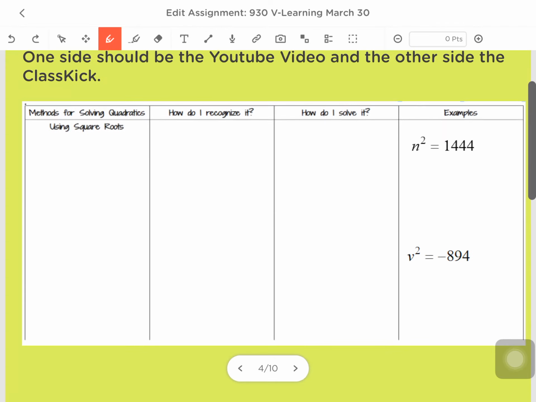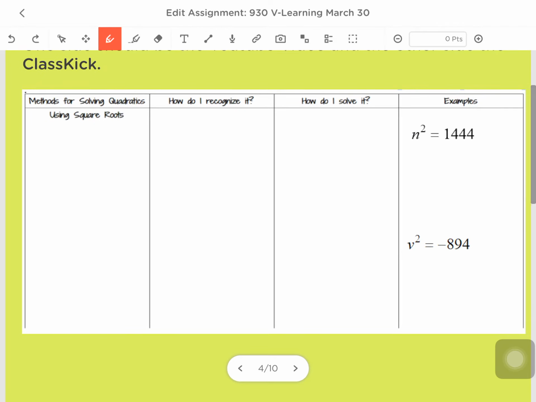Alright, so now we're going to start going through some square root equations. A square root equation example is already over here: n squared equals 1,444. You hopefully remember from doing the Pythagorean theorem that in order to remove something that is squared, I'm going to have to take the square root.